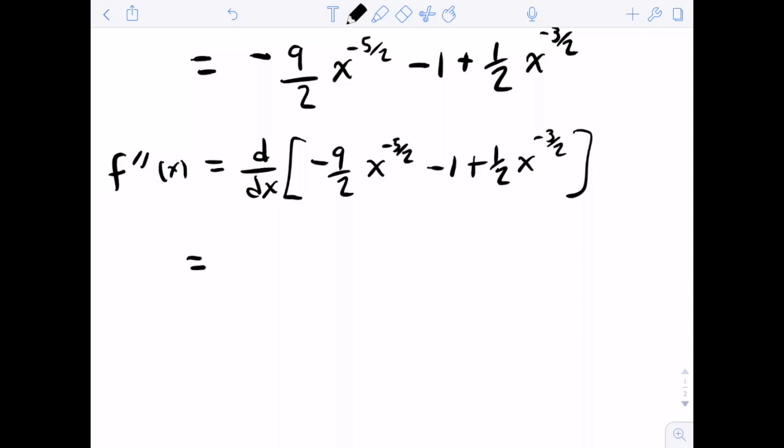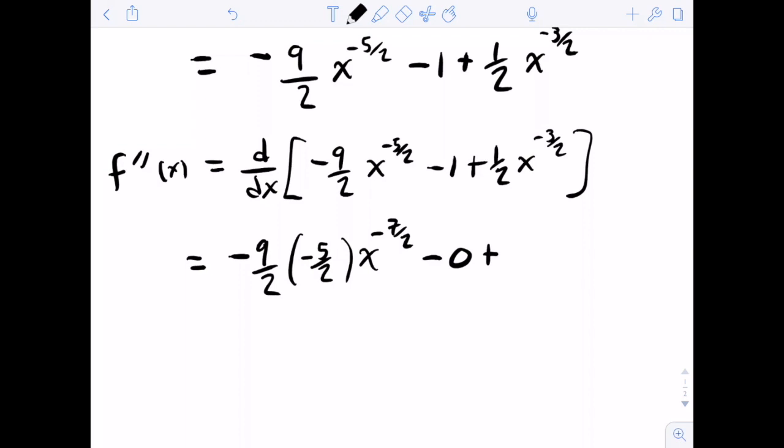It's the same thing: we take the derivative of each individual piece. So the minus 9 over 2 stays. We can bring down the minus 5 over 2, x to the minus 5 over 2 minus 1, which is minus 7 over 2. The 1 becomes a 0 because the derivative of a constant is always 0.